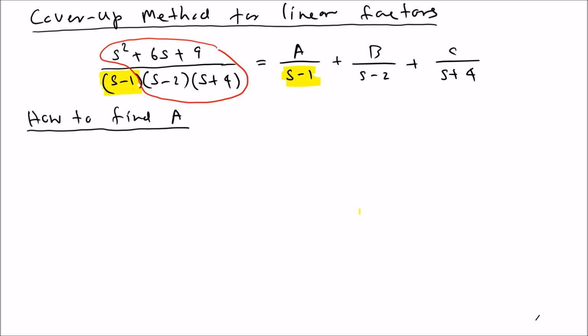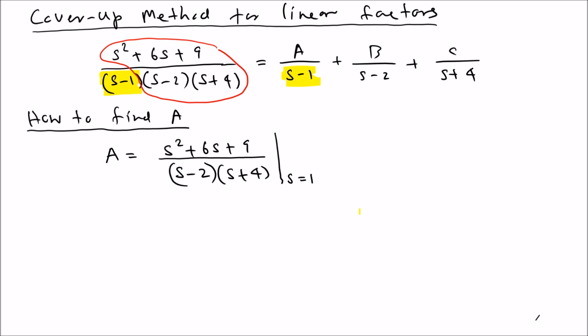So a is, we pick the other part, s minus 2 times s plus 4, and substitute s equal 1, because s equal 1 makes that term 0. Once you substitute, you directly get the answer.